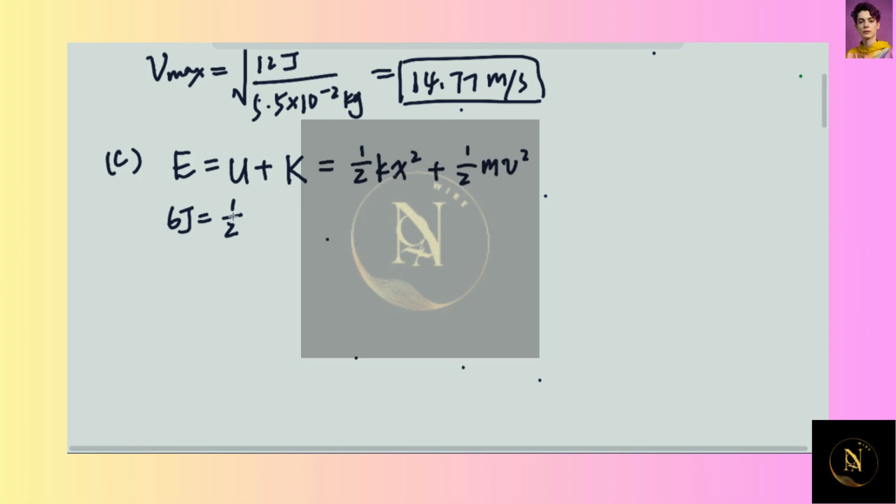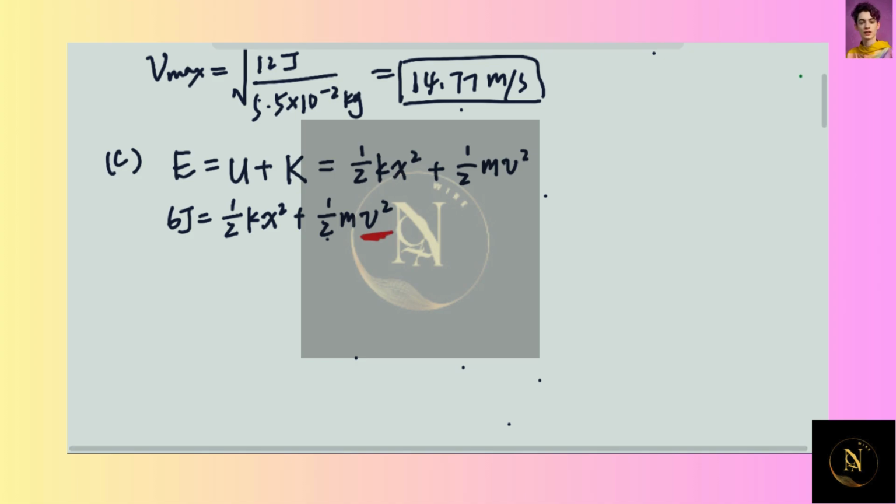We know both the spring constant and the displacement x, and we also know the mass. So it's pretty straightforward to solve this equation, because the only thing we don't know here is the velocity.